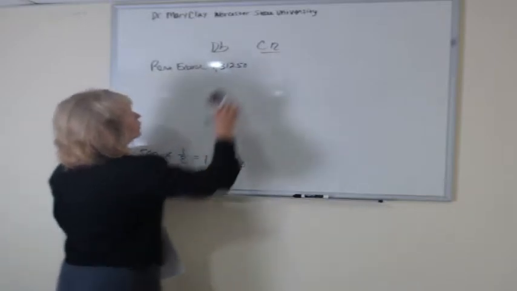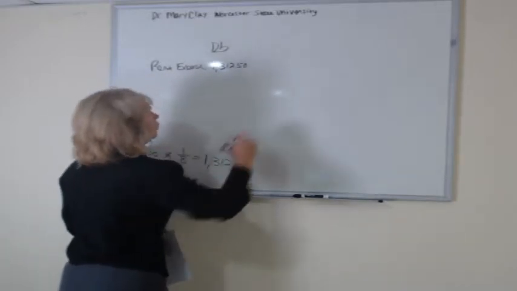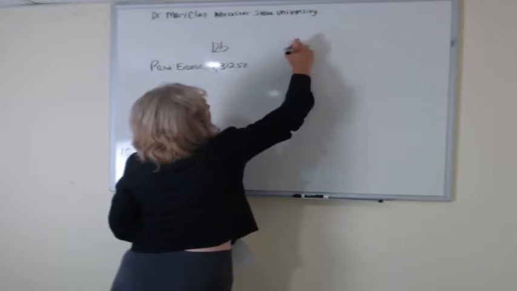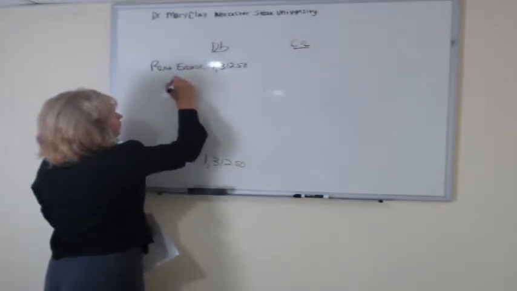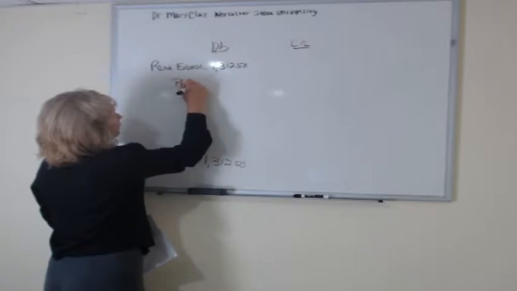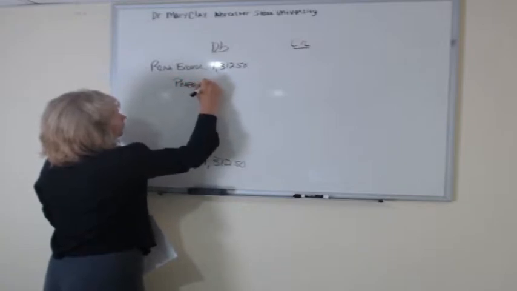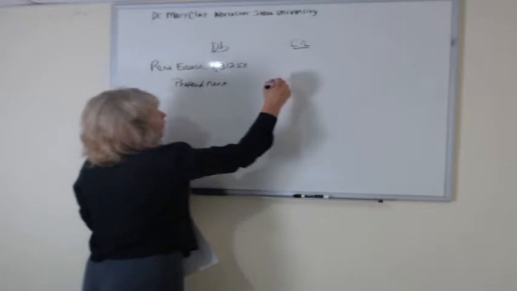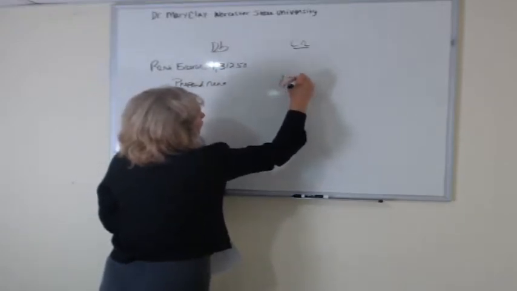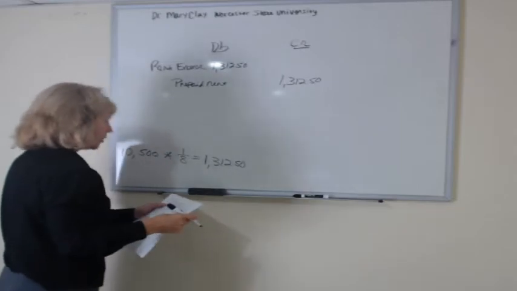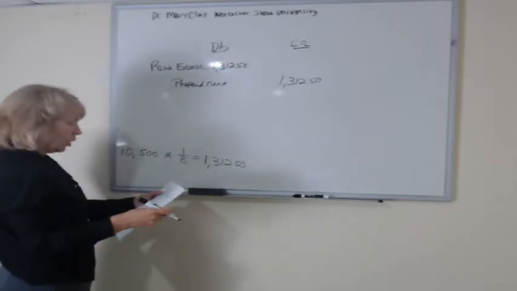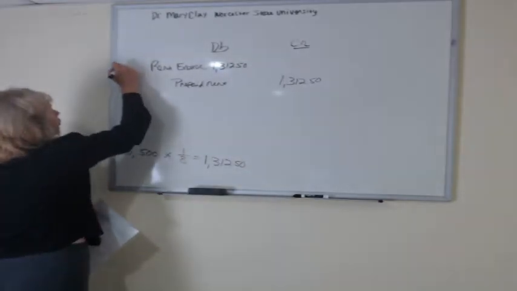Let me erase the credit a little bit. Move this over more. And then you're going to credit, indent a little bit, prepaid rent, 1,312.50. I showed you how to get that. Also, the date at this time will be June 30th.